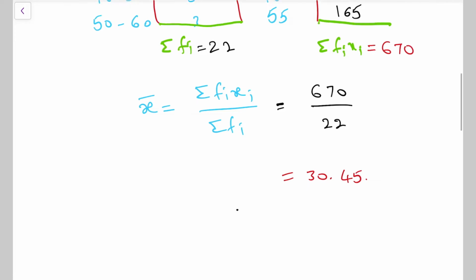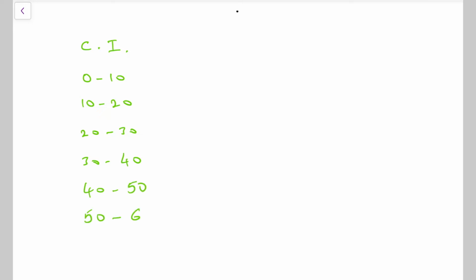Next, again mean only we will find, but this time the different method, that is assumed mean method. In this assumed mean method also, the first column is as usual class intervals only. So in the question, class interval starting from 0 to 10, right? So 0 to 10, then 10 to 20, 20 to 30, then 30 to 40, 40 to 50, finally 50 to 60.